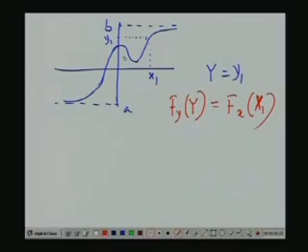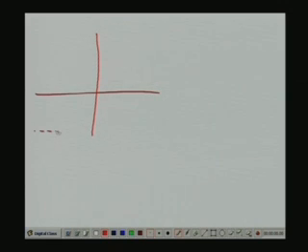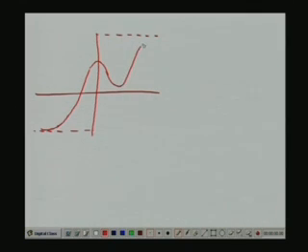Suppose I take another value now. In fact, I draw another figure because this is becoming clumsy. I take a value say here, call it y 2.